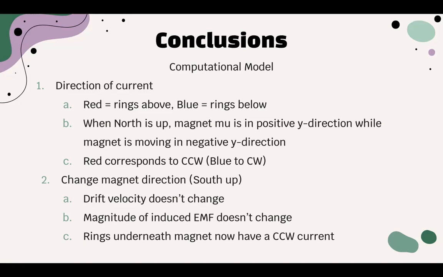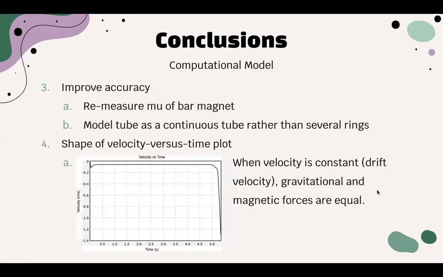So that means that the rings above the magnet have a counterclockwise current. If the magnet direction were to change, the drift velocity wouldn't change and the magnitude of the induced EMF wouldn't change, but the rings underneath the magnet would now have a counterclockwise current instead of a clockwise current.